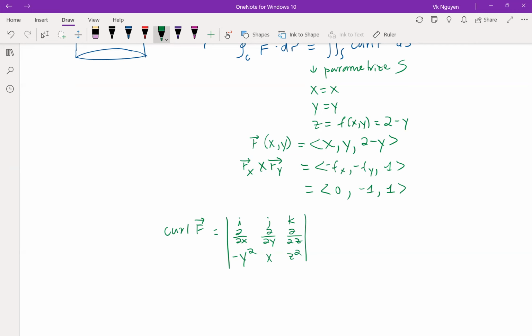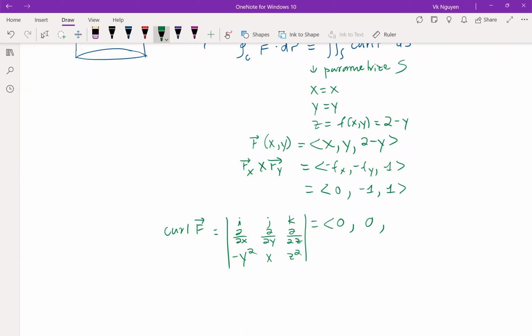If we used a different coordinate system, then you have to do the substitution after you figure out the curl F, and it may be difficult. Let's see what we have here. The partial y of z squared is 0, so it's going to be 0.